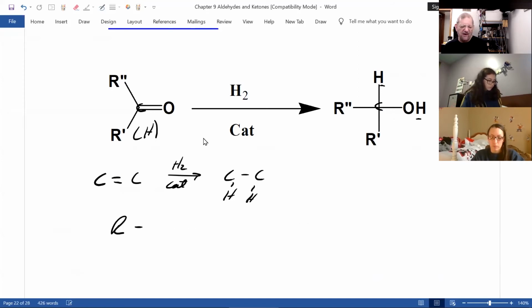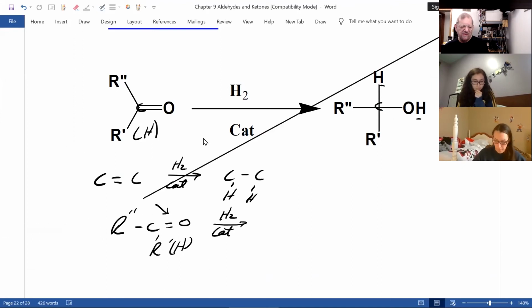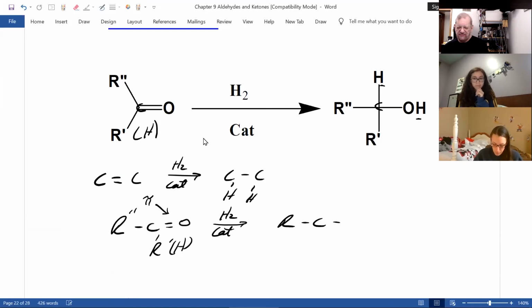And let me draw it here. And notice if I have my pi bond right here, if I break it, what's attached to that carbon is still attached.